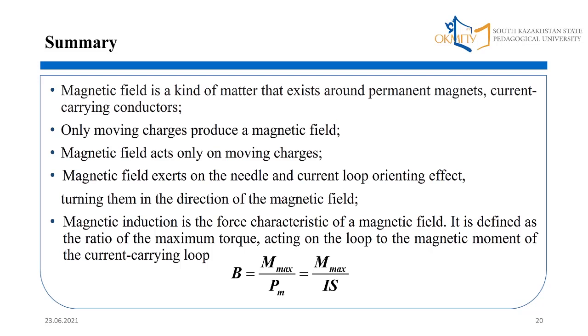Magnetic induction is the force characteristic of a magnetic field. It is defined as the ratio of the magnetic torque acting on a loop to the magnetic moment of the current-carrying loop.